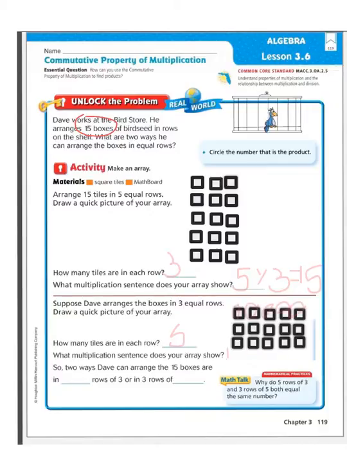What multiplication sentence does your array show? So now it's just flip-flopped, right? Now it's 3 rows of 5. So 3 times 5 equals 15. So 2 ways Dave can arrange the 15 boxes are in 5 rows of 3 or 3 rows of 5. But we still get the same answer.